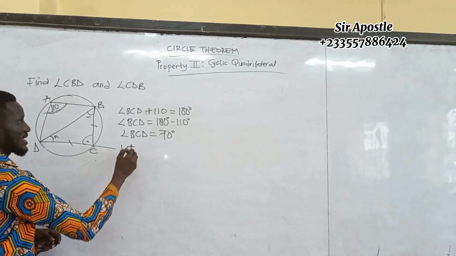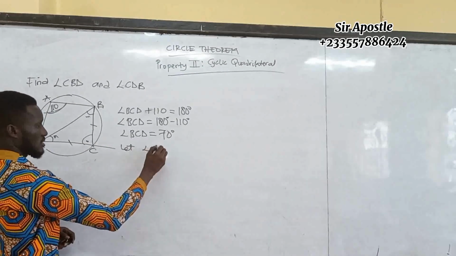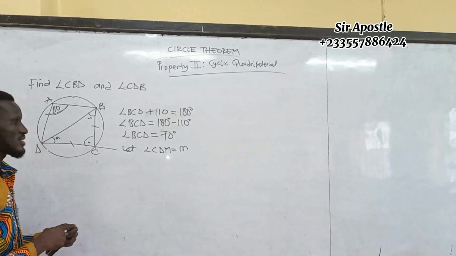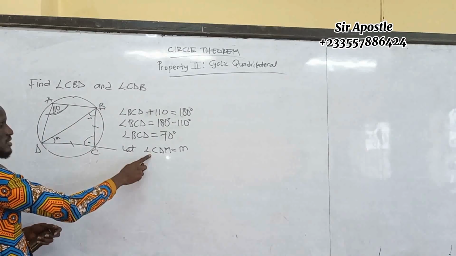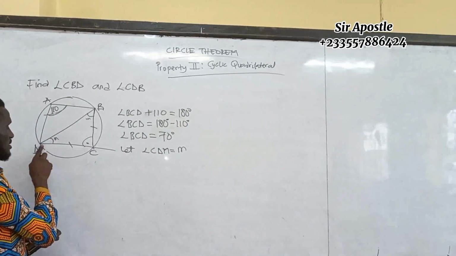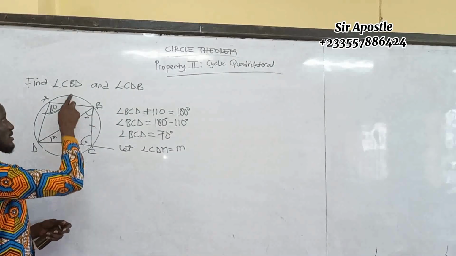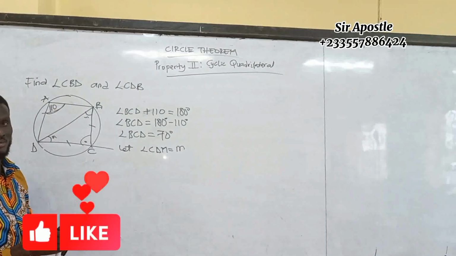Now, as we are saying, let angle CDB be equal to M. And we said that angle CDB is M, then this angle will also be M because angle CDB and CBD are the same. You get it?